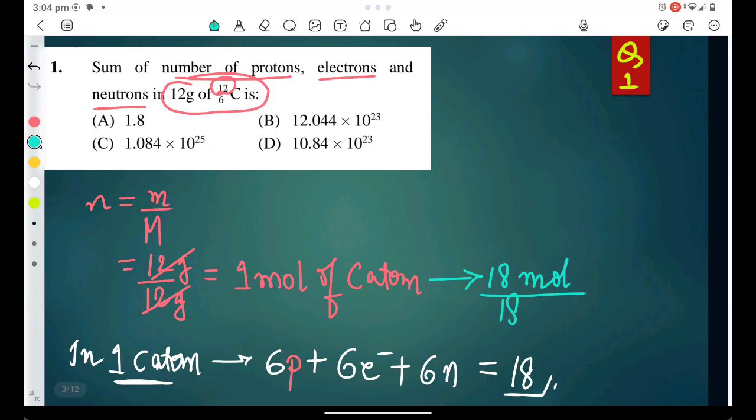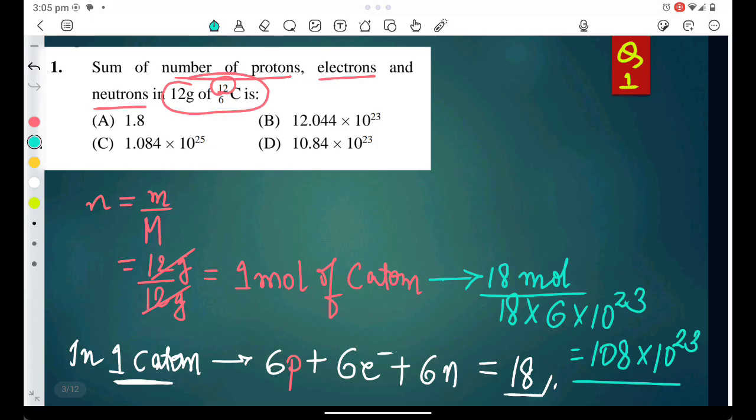So it's 18 times, what is 1 mole? 1 mole is equal to 6 into 10 to the power 23. Now you are supposed to multiply it. 8 6s are 48, carry 4, and you have this much into 10 to the power 23. So which option is correct? The correct answer is option C. C is correct.